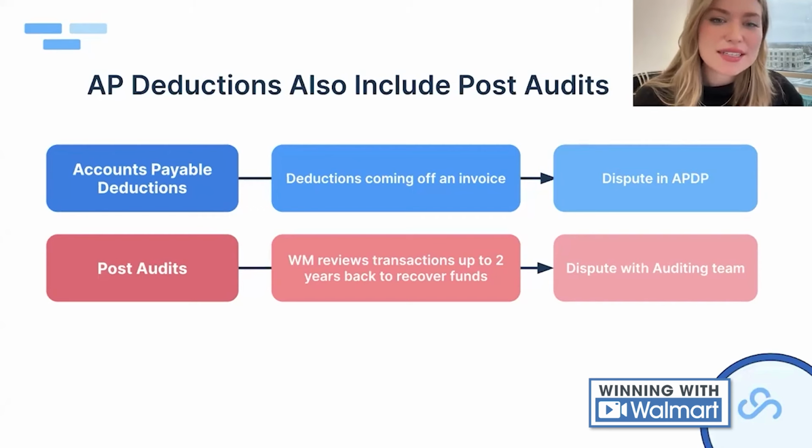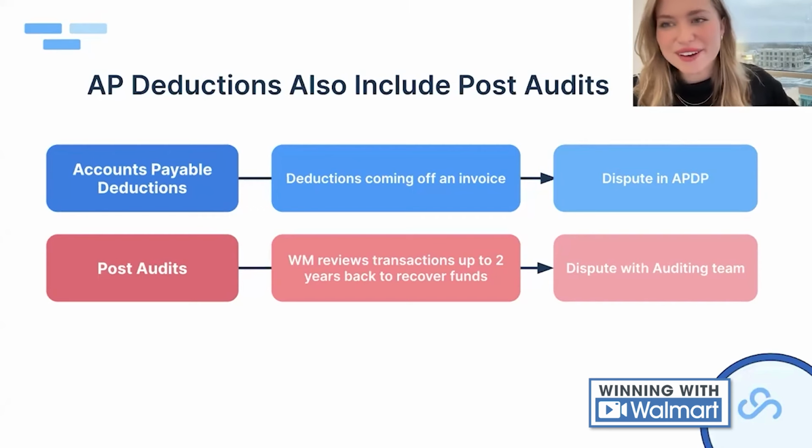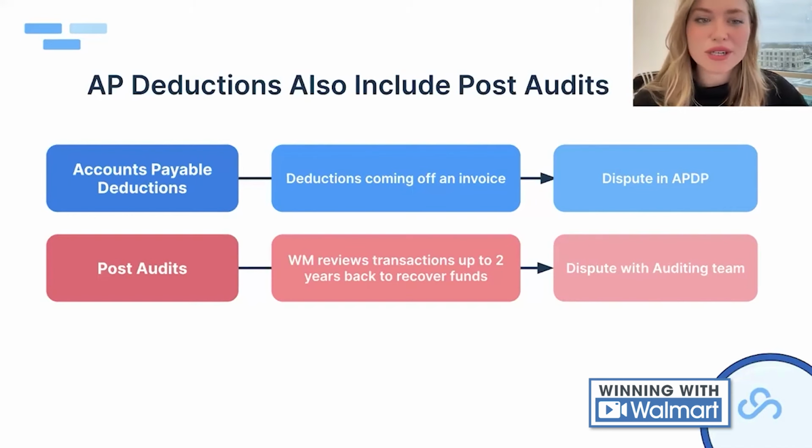And then post audits, this is a fun thing, and I say that very sarcastically, that Walmart does, where they will review transactions up to 2 years to recover funds. That means they're going to be combing through all of your data. They will comb through emails that you're having with your buyer.